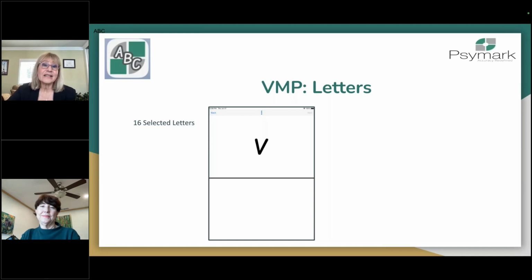And the second progress monitoring assessment tool is letters for letter formation. And with letters, an examinee is presented with 16 different letters, and the instructions are the same: to look at the letter above the line and to copy the letter exactly as they see it in the space below the line.